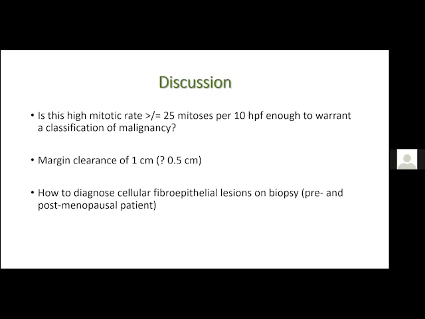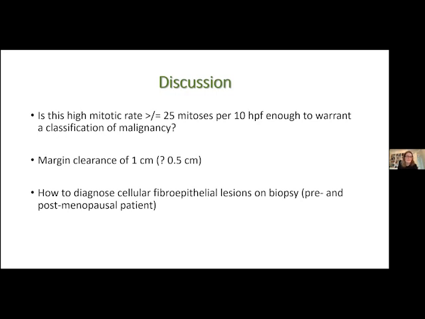Anna Marie, do you want to comment on margin clearance as well, if you don't mind? Yeah. I mean, the 1 centimeter is arbitrary from what I know. So our surgeons typically in this setting would look for at least 1 centimeter.